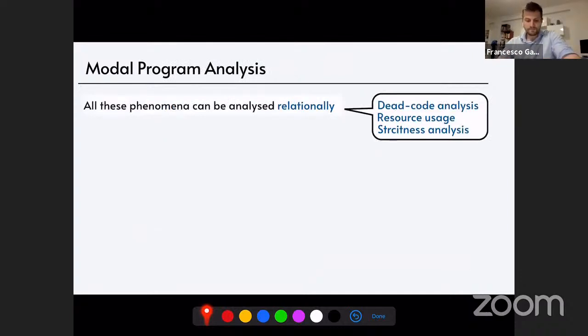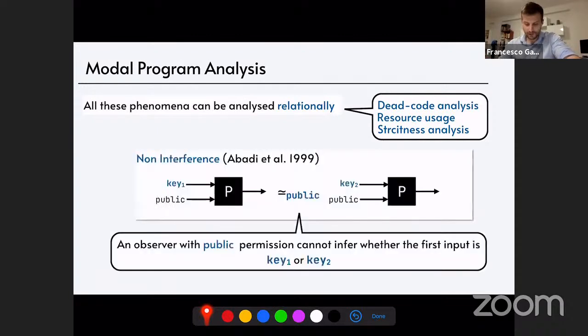Now, a first informal observation is that all these phenomena, as well as many others, such as dead code analysis or resource usage and strictness analysis, can be analyzed relationally.